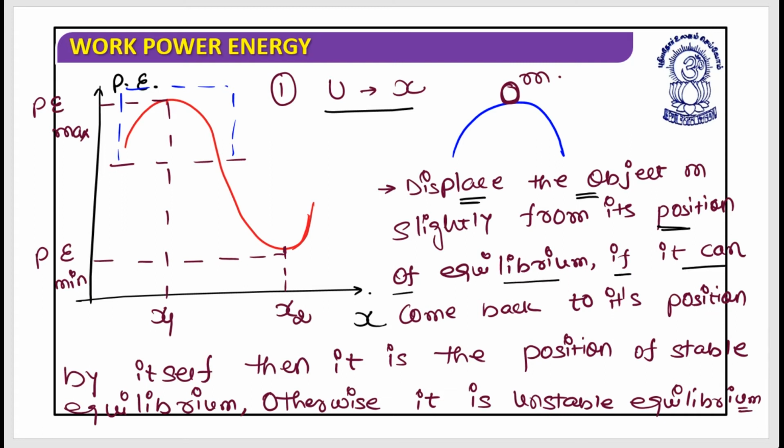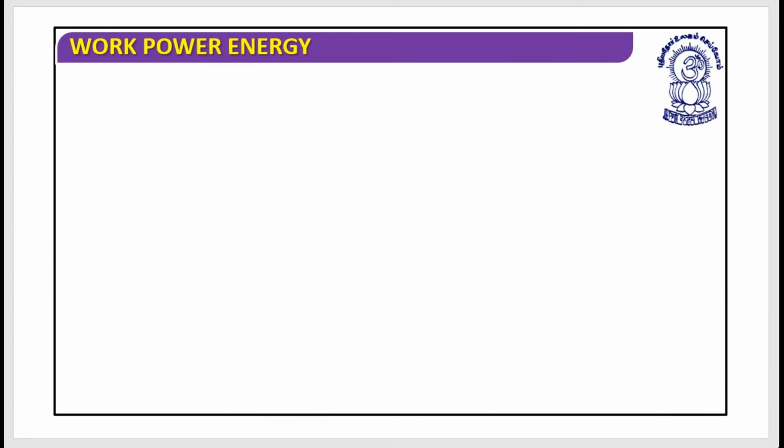If after being displaced, it can come back to its original position by itself, without you applying any force, then it is the position of stable equilibrium. Otherwise it is unstable equilibrium. Let's go over this again and again, because we are going to discuss stable and unstable equilibrium only once, for 11th class as well as 12th class, and we are going to use these concepts for both. So this is the situation.